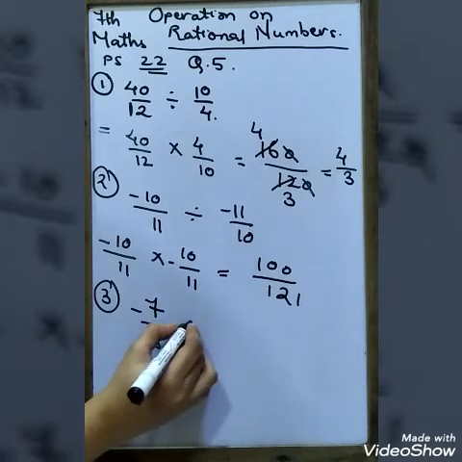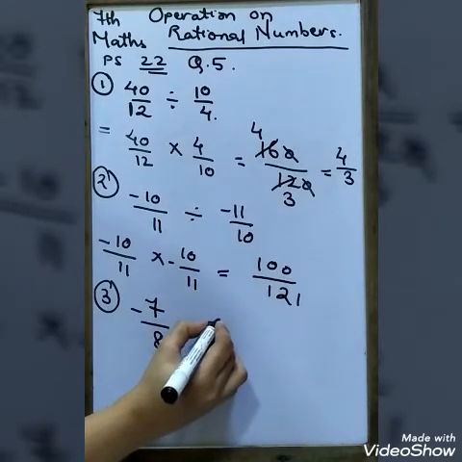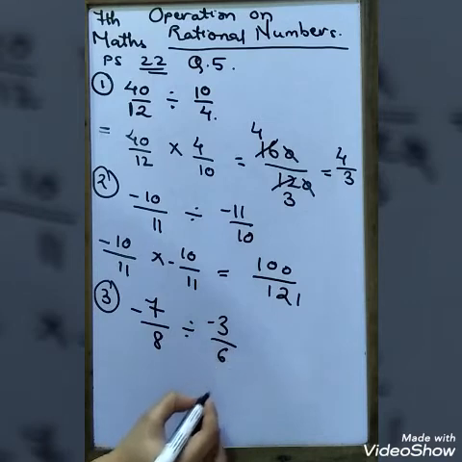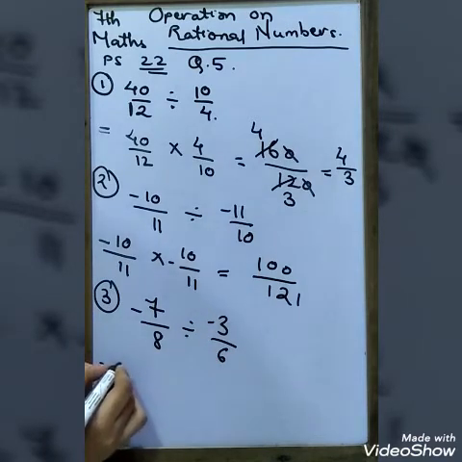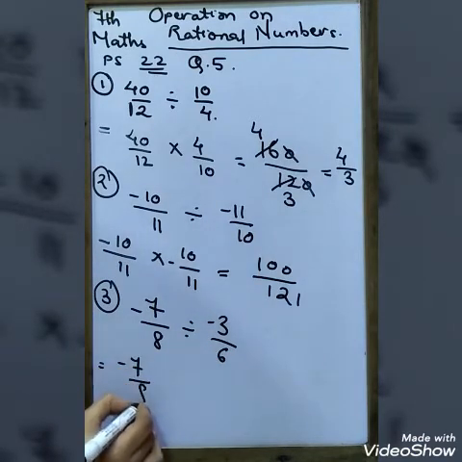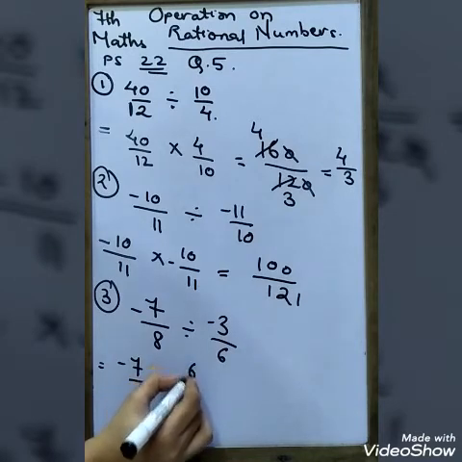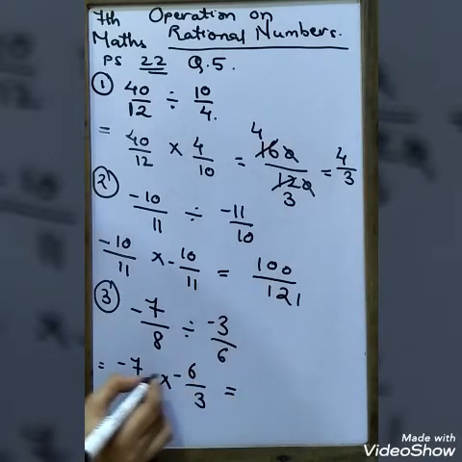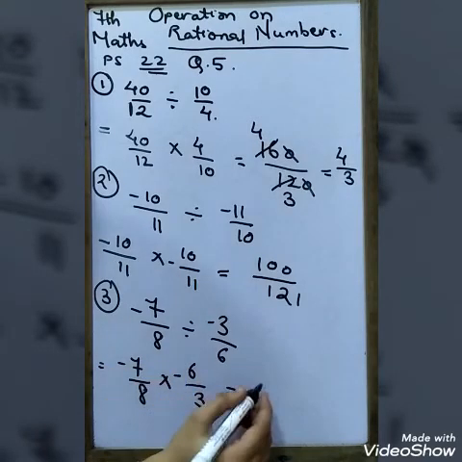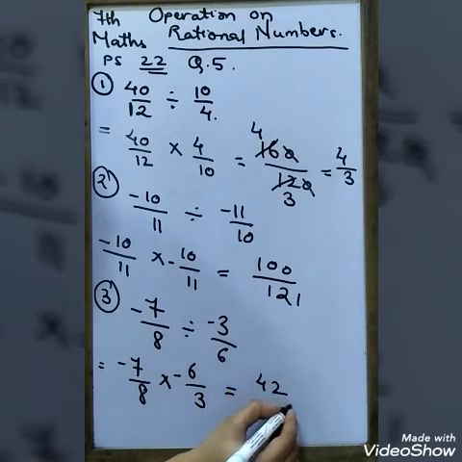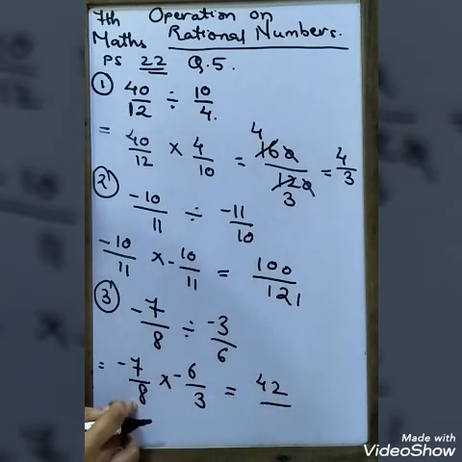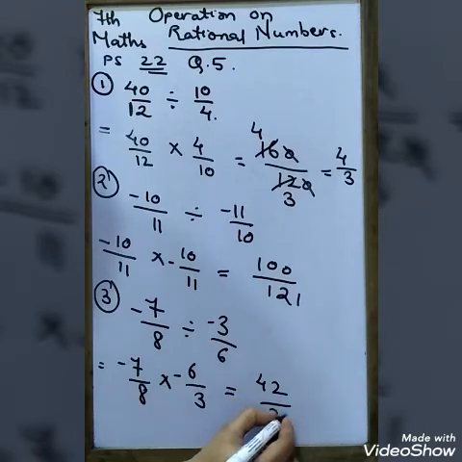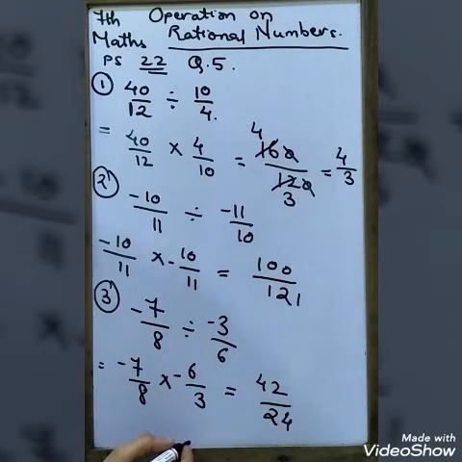The third one we are going to solve. -7/8 divided by -3/6. So here again -7/8 into 6/3 with the minus, like this way. Then 7 6s are 42 upon 3 8s are 24.